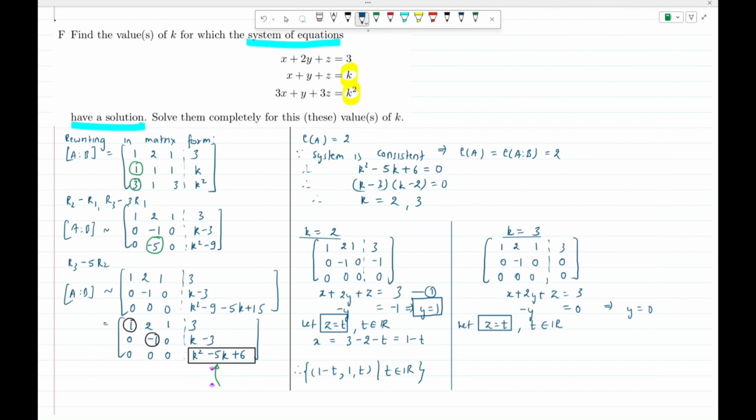Substituting z equal to t and y equal to 0 in equation number 1, we get that x is equal to 3 minus t. So the solution set in this case is (3 minus t, 0, t), where t is a real number. We have solved the given system of equations completely for the two values of k that we have obtained.